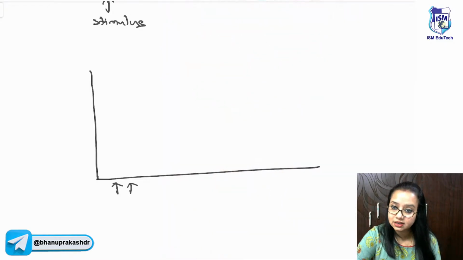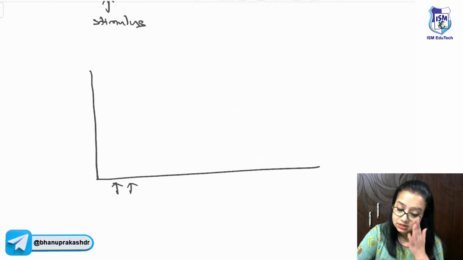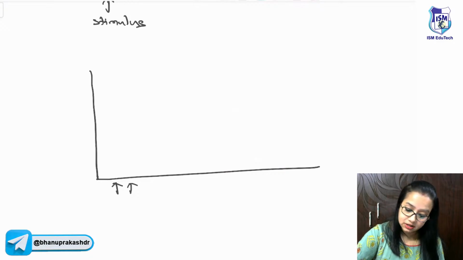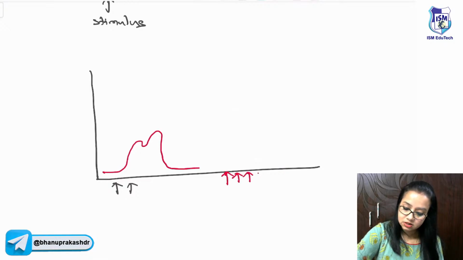We know the criteria: if the second stimulus is in the relative refractory period, not the absolute refractory period, then there can be summation, like first one wave and then second wave. If repeated stimulus is given, then what may happen?